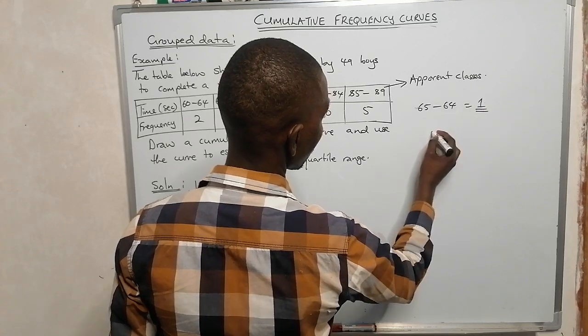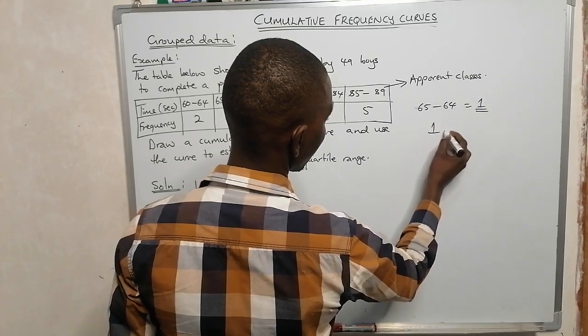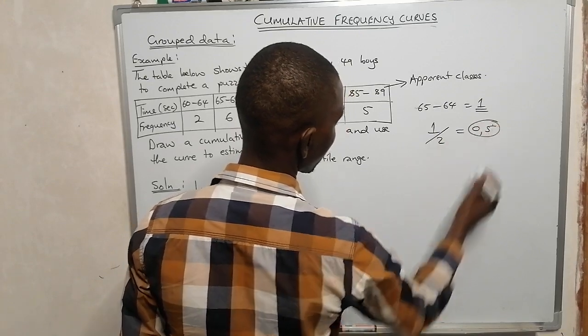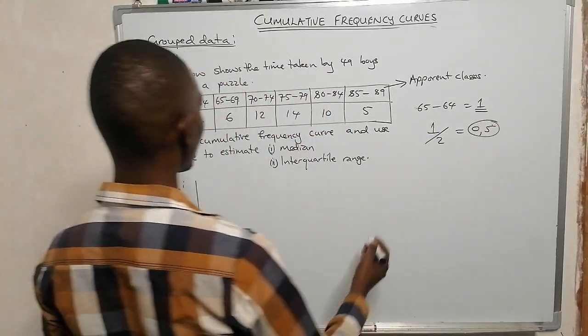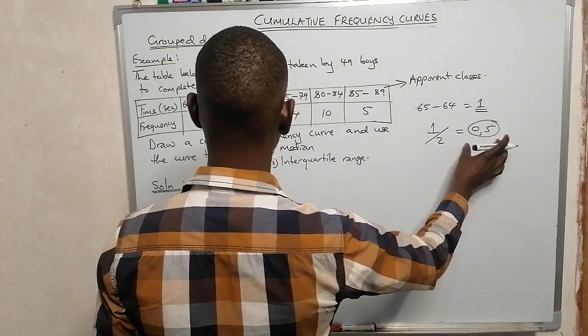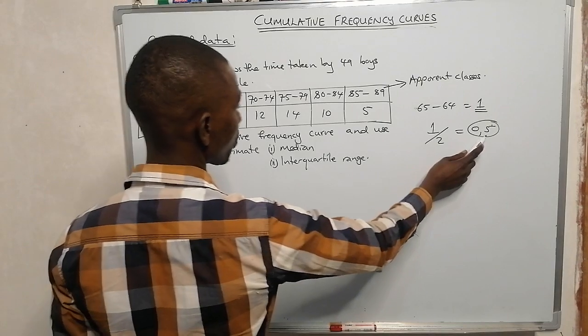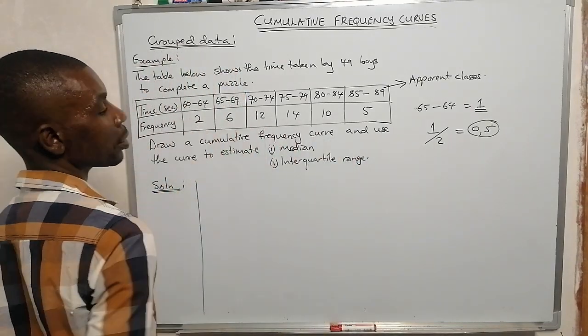Then with that 1, we say 1 divided by 2, we get 0.5. So with this 0.5, we are going to add 0.5 to all upper class limits. Then we are going to subtract 0.5 from all lower class limits.